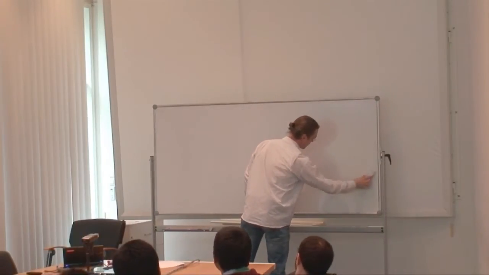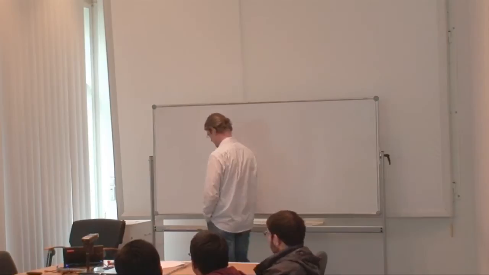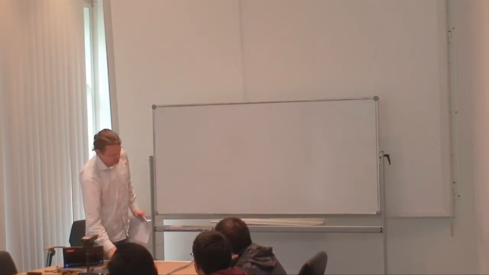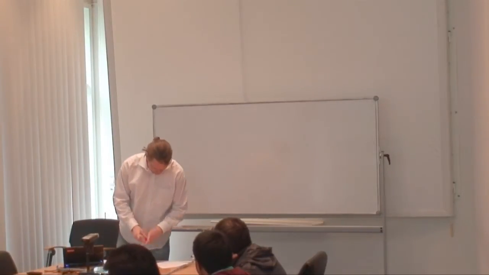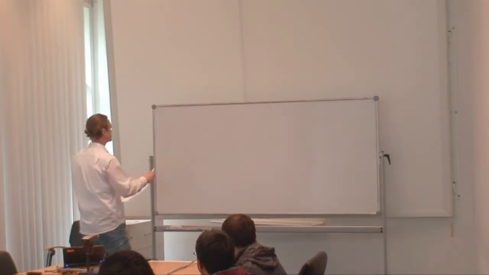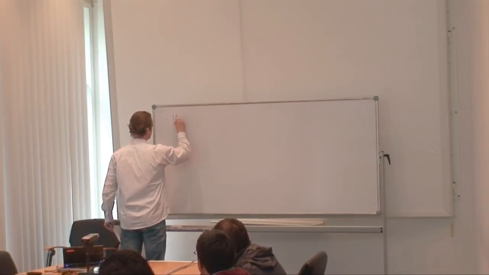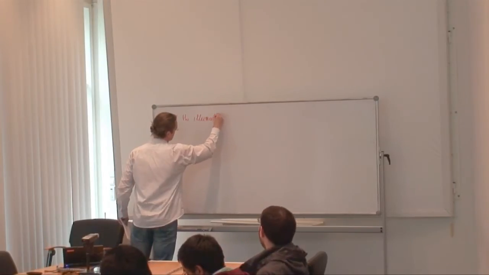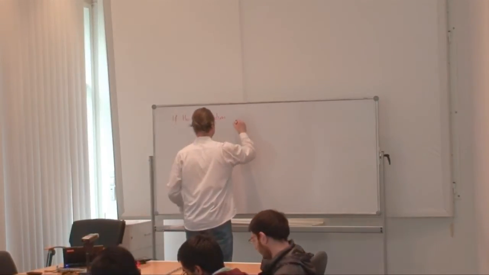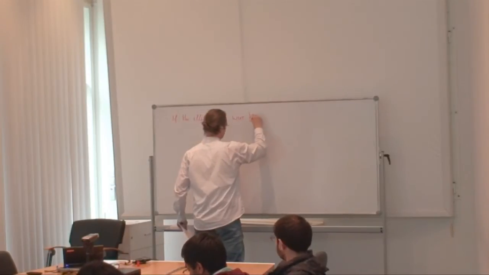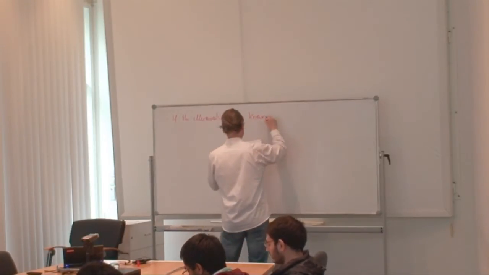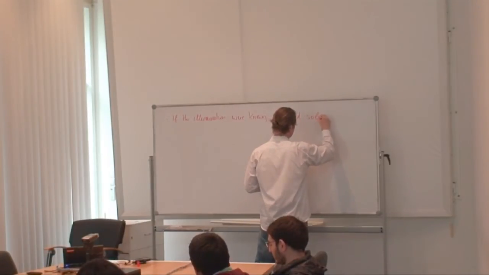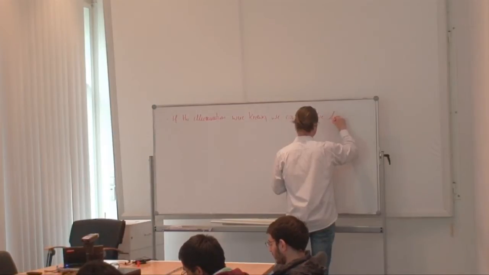But of course, even though we can assume things like that, it does not really help us any further yet, because we also know that if the illumination were known, we could solve for reflectance.